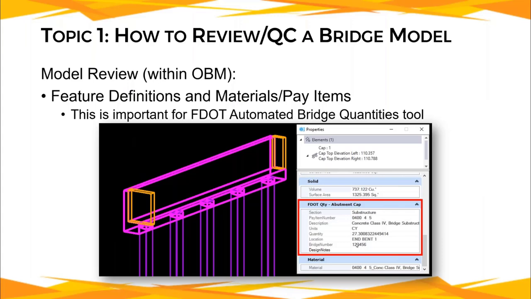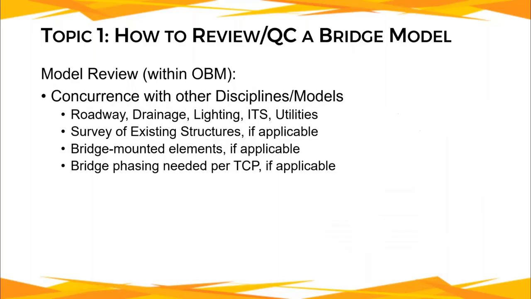So let's see, moving on to the next, we'll talk a little bit about concurrence with other disciplines and models. One of the biggest advantages to model-centric workflow is interdisciplinary coordination. You can reference in other discipline models and perform both qualitative and quantitative assessments for concurrence and conflict identification.